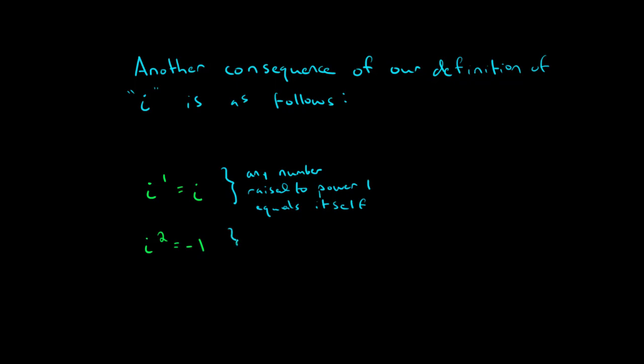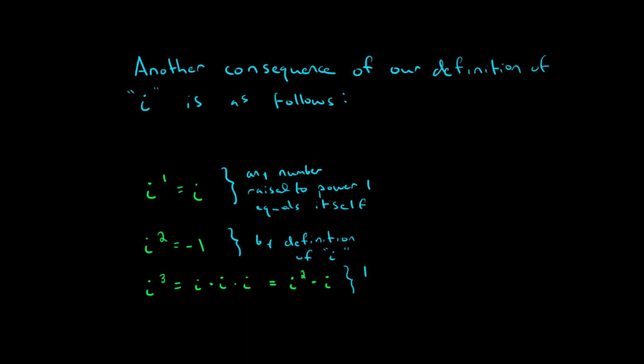So what about i cubed? That would equal i times i times i by definition of raising something to the third power. And now I'm grouping terms. That's going to be i squared times i.